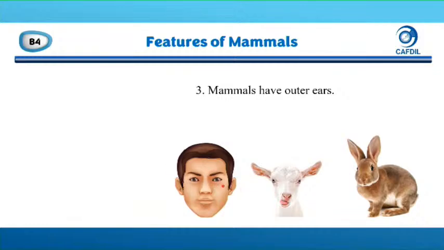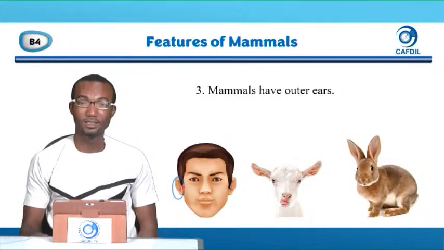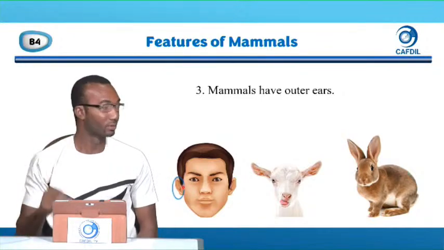So if you look at these images on your screen, you can see a human being here, you can see a goat, you can see a rabbit here. And you can see this human is having an outer ear. That means that you can see and then hold it.